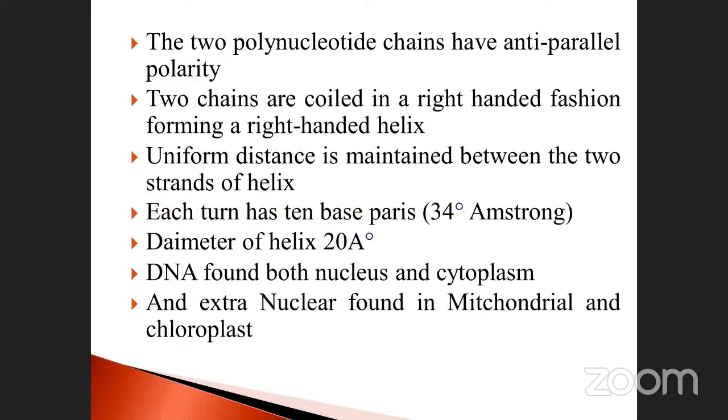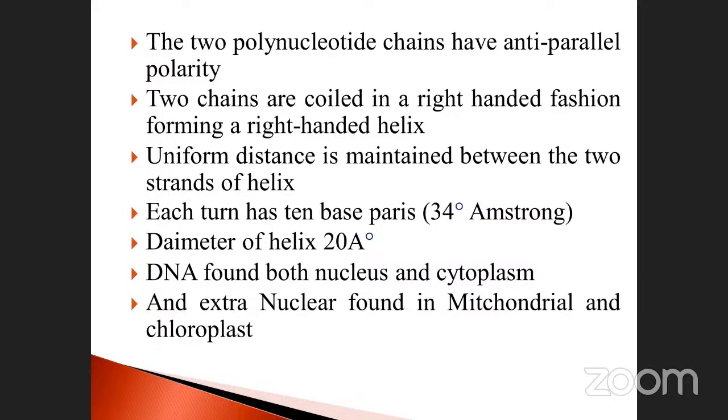Okay. Go to the next one. The two polynucleotide chains have an anti-parallel polarity. Anti-parallel means 5' to 3' end, 3' to 5' end. Okay. The two chains are coiled in a right-handed fashion, forming a right-handed helix. Right-handed means twisted like this. Right-handed side.